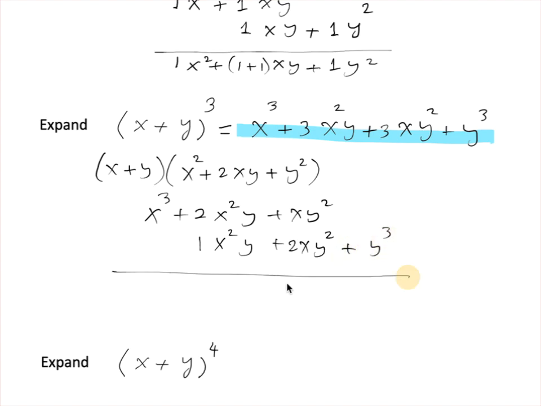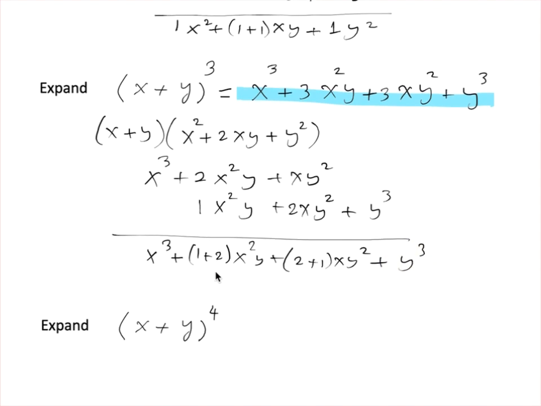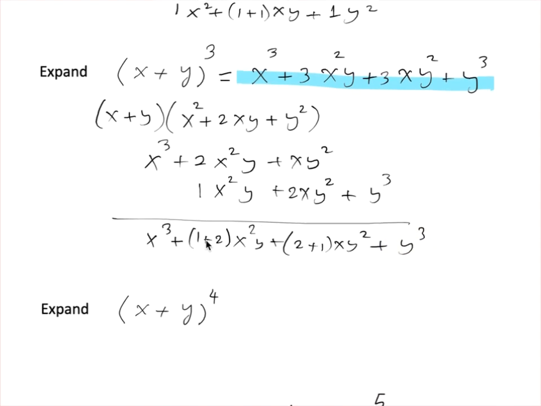Now when you add, you get what? X cubed plus, this is 2 plus 1, or 1, I'm going to write it as 1 plus 2, x squared y, plus this one I write as 2 plus 1, xy squared plus y cubed. And notice that the 1 plus 2 and the 2 plus 1, those are how you get the 3's in the middle.